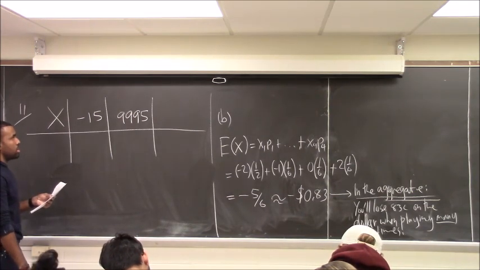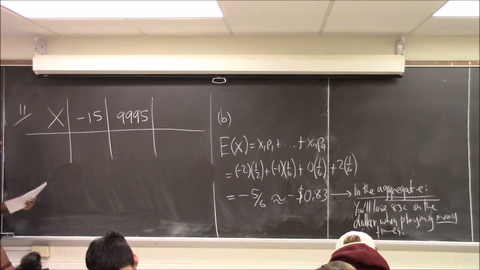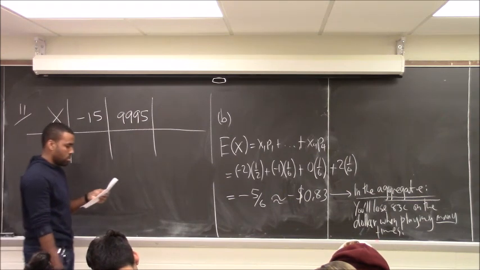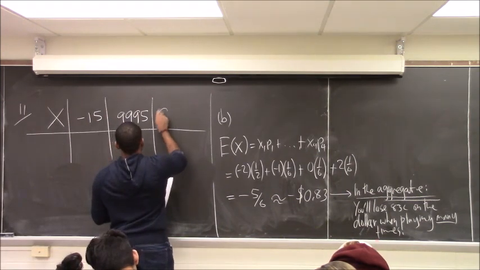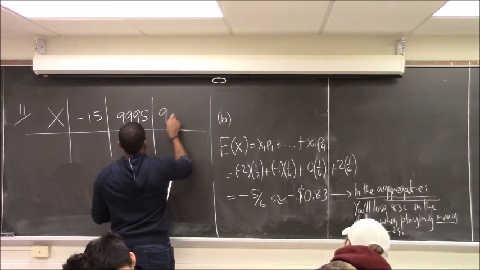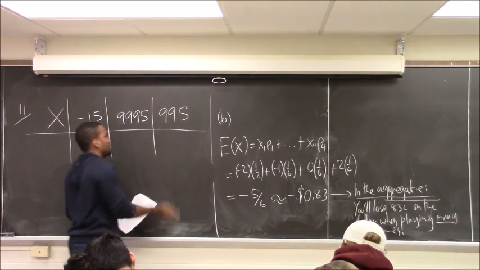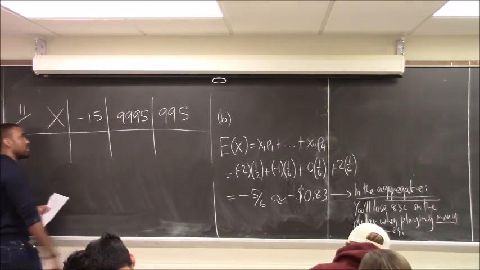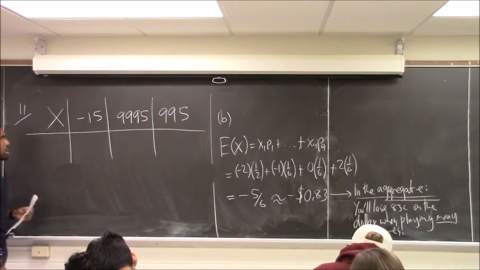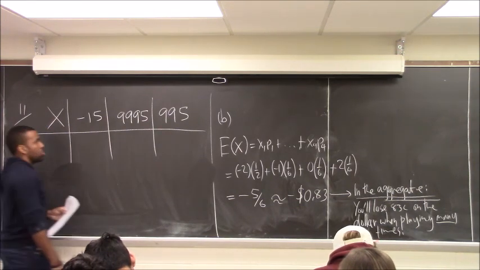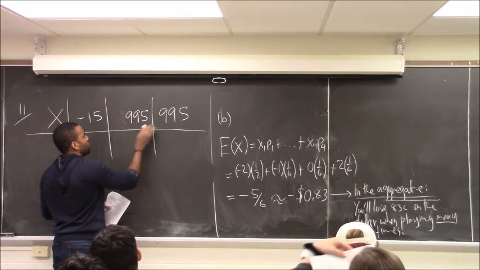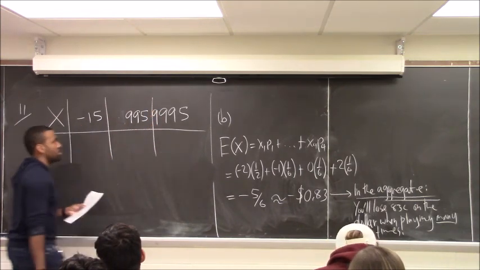That's a possibility. So you'll actually be 995 richer. In this case you win 10,000. In that case you win 1,000.